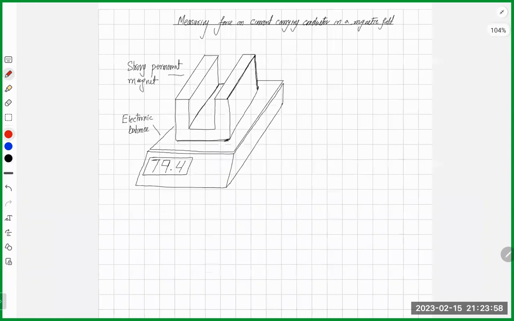A wire is passing through the magnet. We have a switch here, a variable resistor, an ammeter, and a power supply.